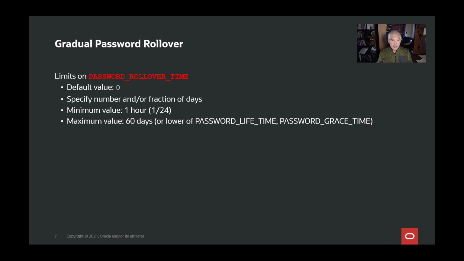The value is in days, and parts of a day are allowed. For example, 12/24 for 12 hours. The minimum value is 1 hour, represented by the fraction 1/24, and the maximum is 60 days. But this could vary if password lifetime or password grace time is also set. In these cases, the maximum time will be the lower of 60 days, password lifetime, or password grace time.